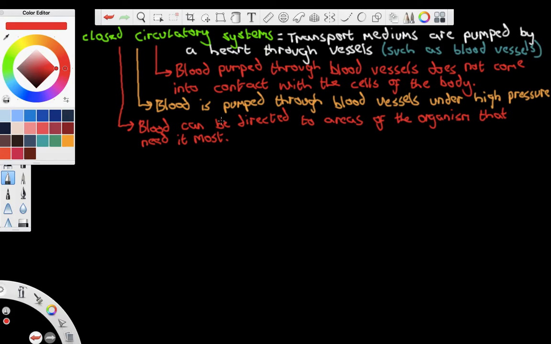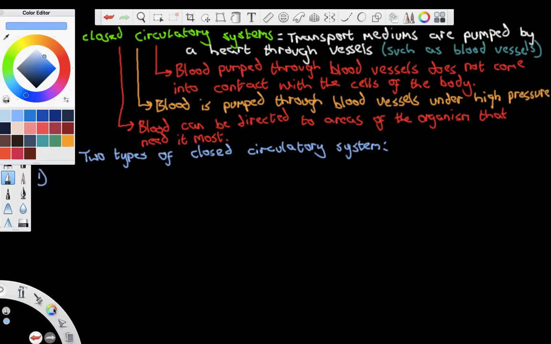Now, there's two types of closed circulatory system. So there are two types of closed circulatory system. The first one we're going to talk about is a single closed circulatory system.